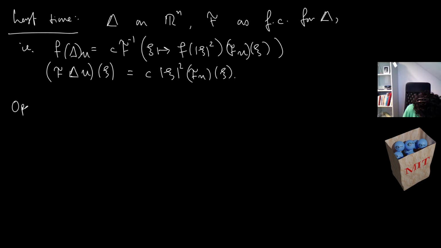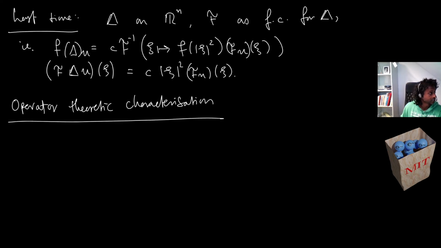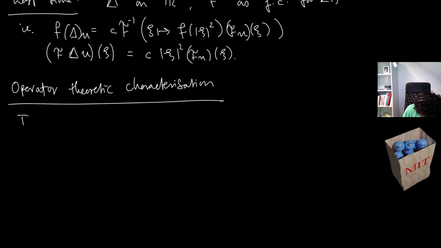So let's just have a look at an operator theoretic characterization. Let's take an operator T in a Hilbert space which is self-adjoint. So what does this mean?